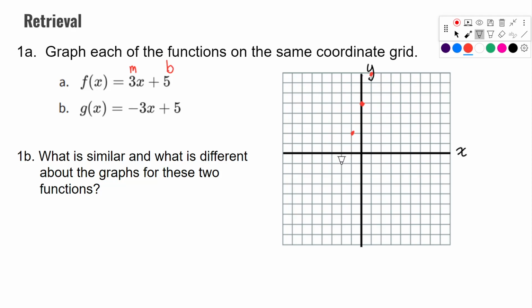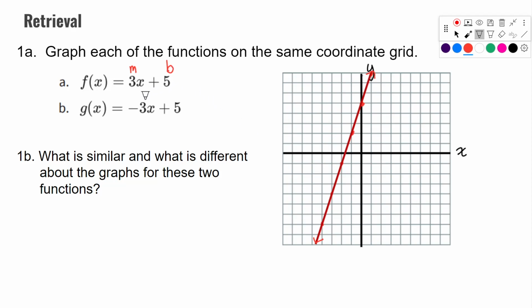And I'm going to do that a couple more times so that I can make sure I have an accurate graph. And then I'm going to draw a line through these points. So there's our first line.